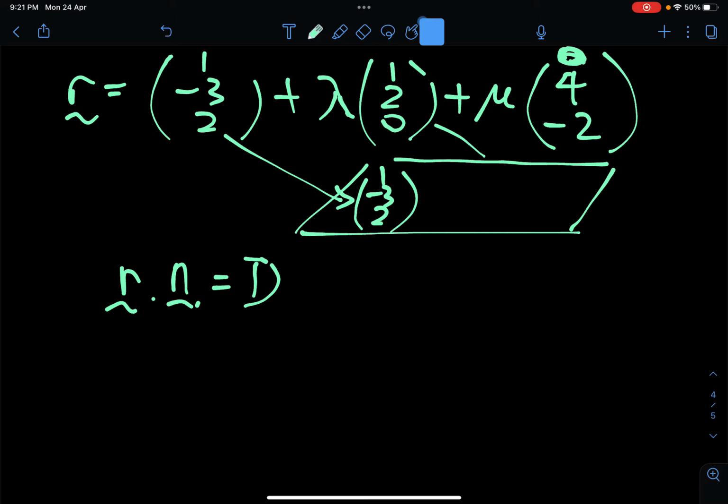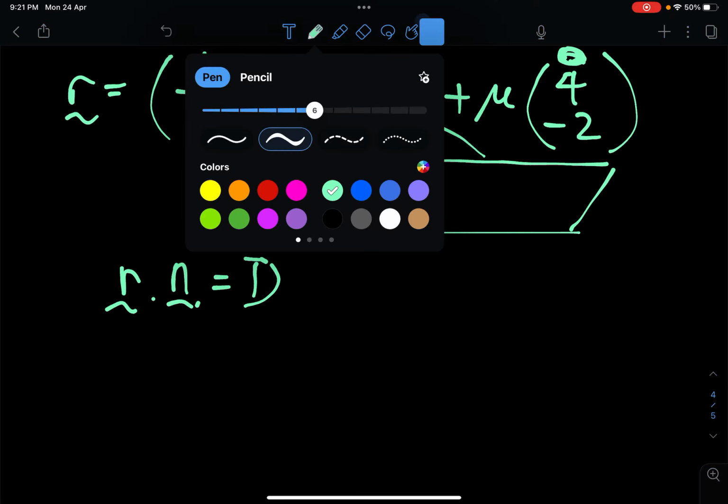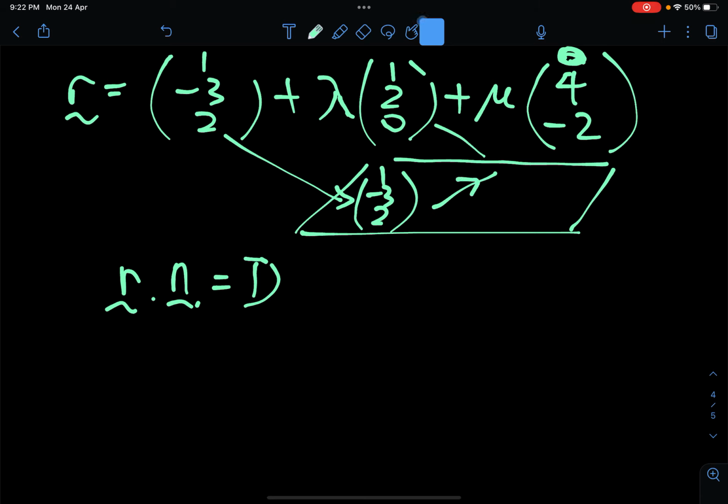Let me draw: say 1, 2, 0 is one vector and another vector is 0, 4, -2. So 1, 2, 0 and 0, 4, -2 are the two vectors on this plane.